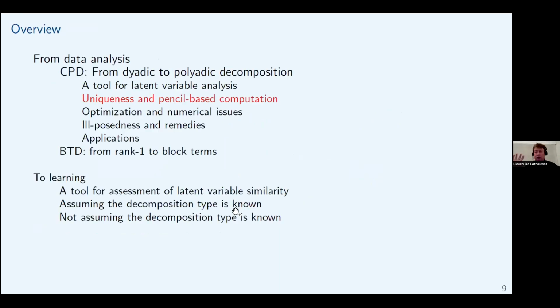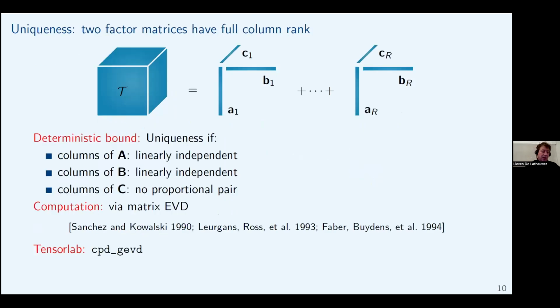Okay, so far so good, and we have a new tool that is interesting, and a decomposition that is unique, and the uniqueness is the magic. Let's have a closer look at this uniqueness. Actually, the story of uniqueness is a long and complicated story.